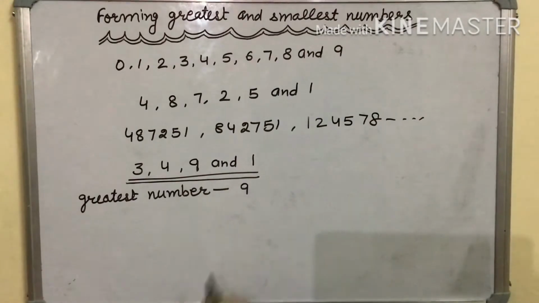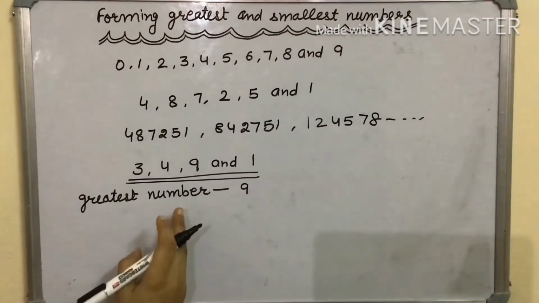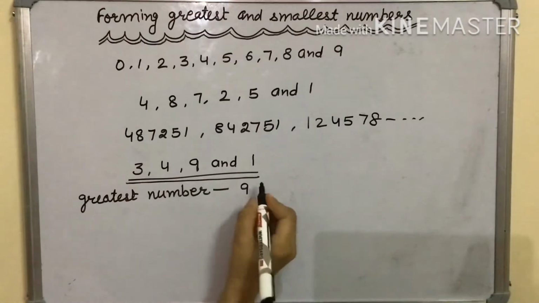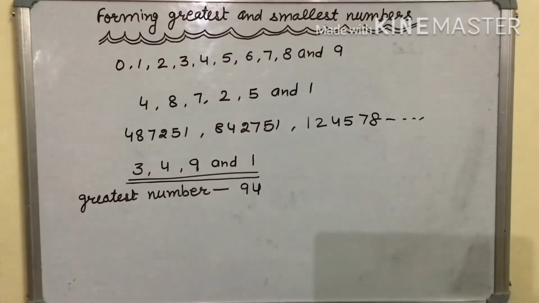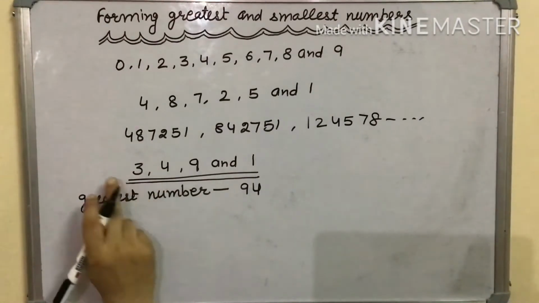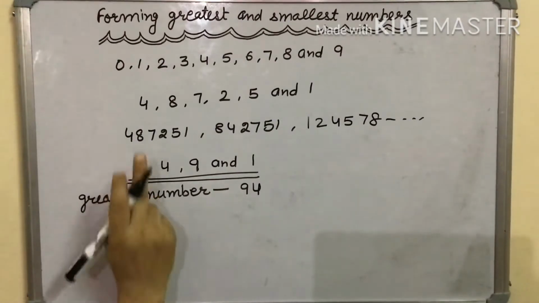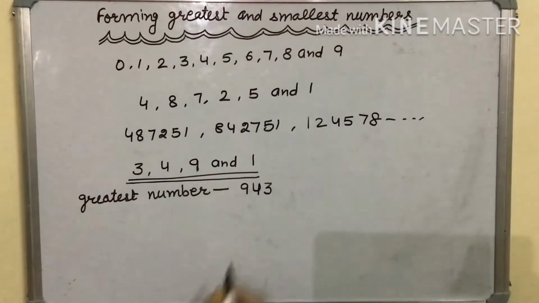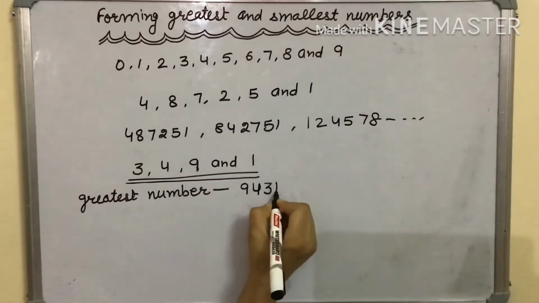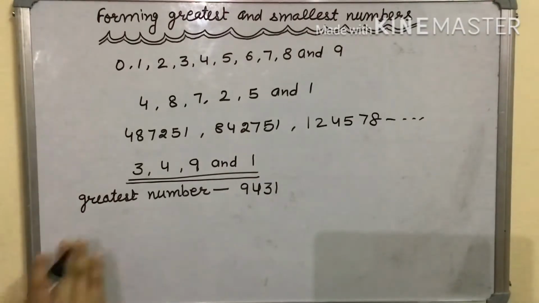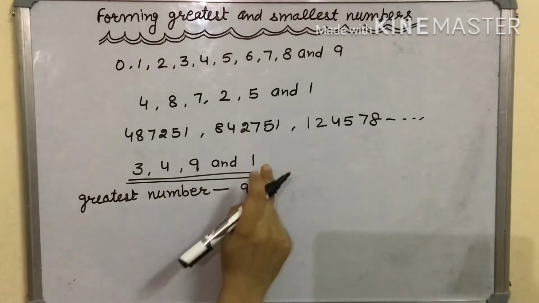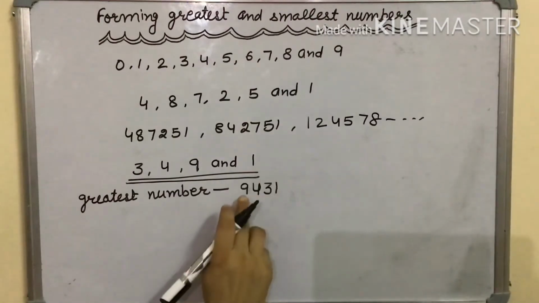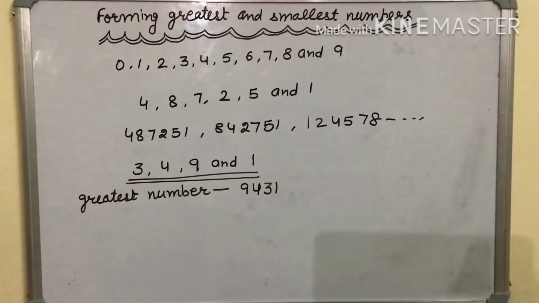We will write 9. After the 9, the largest digit is 4. Then we write 4. After 4, the largest digit is 3. Then we write 3. And in the last 1. So the greatest number formed by these digits is 9431.